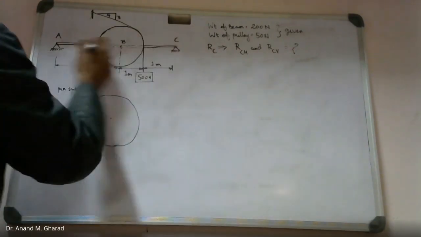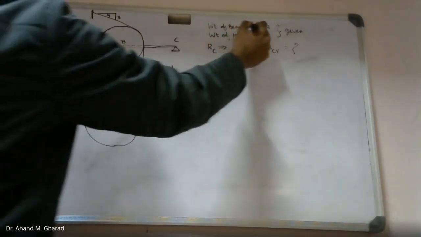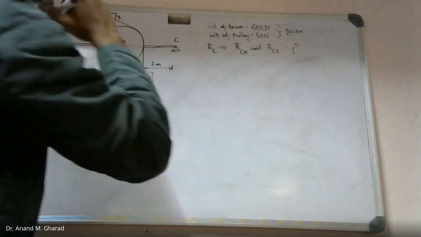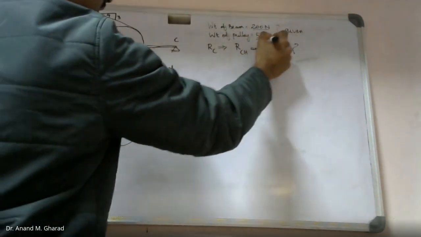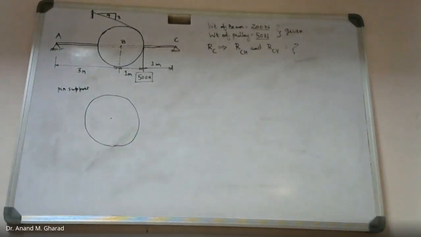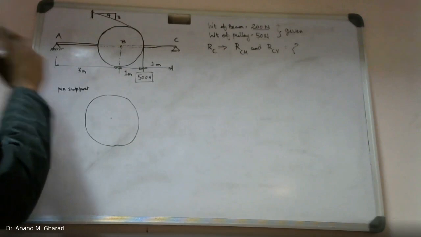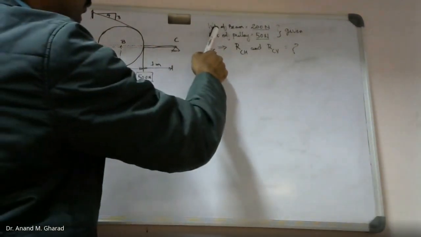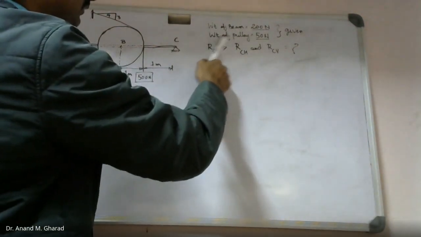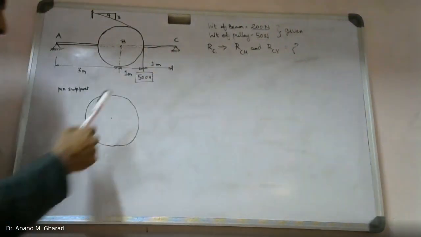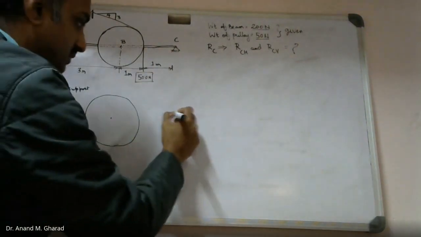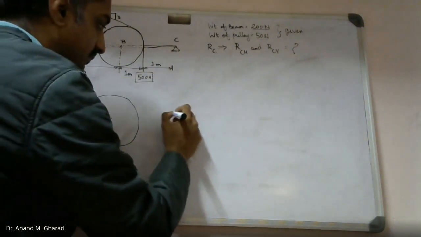Weight of the beam is given, 200 Newton, and weight of the pulley is 50 Newton. Okay. So if I say some weight of the beam is given and weight of even the pulley is given.